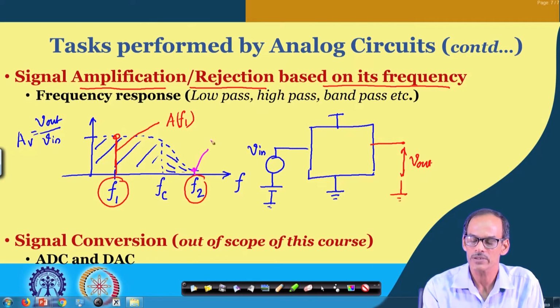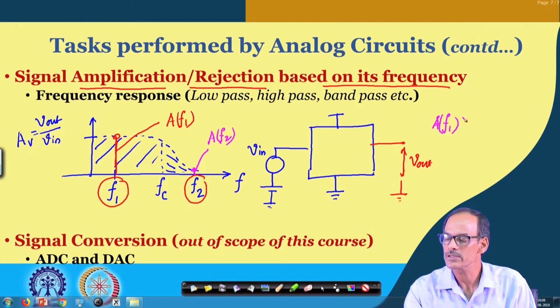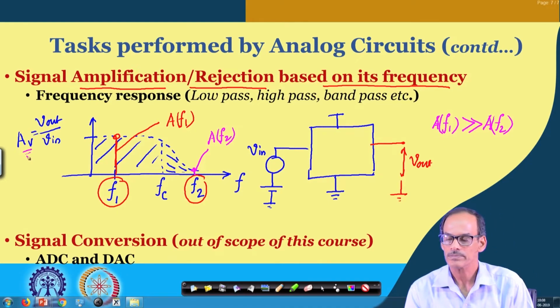So, we may say that this gain is A at frequency F2. So, this A at F1, in this illustration, is much higher than A at F2, or what I mean is the voltage gain, AV.